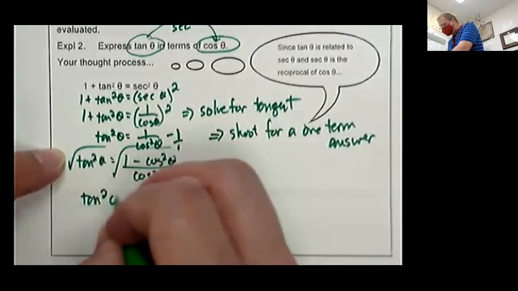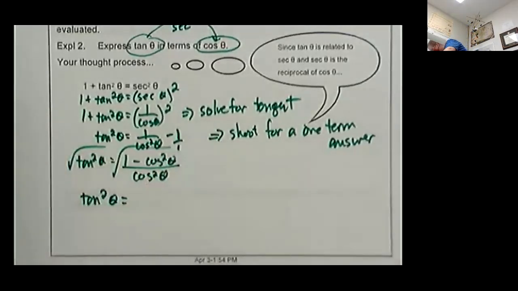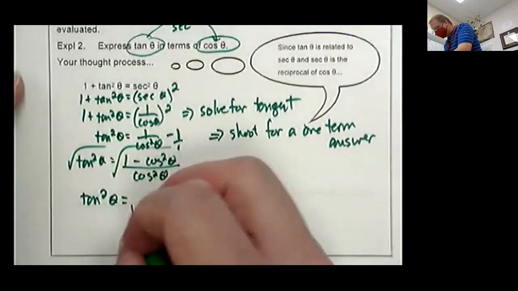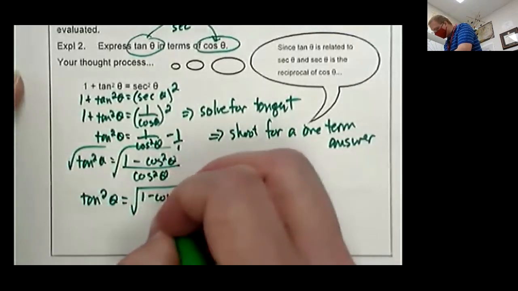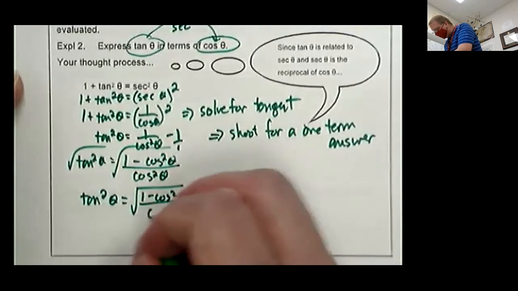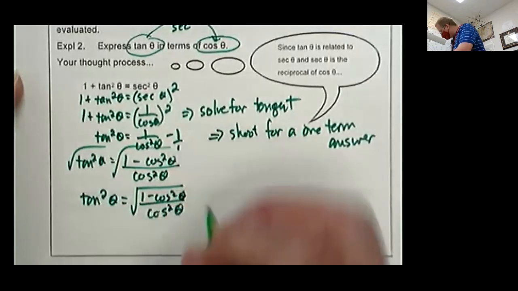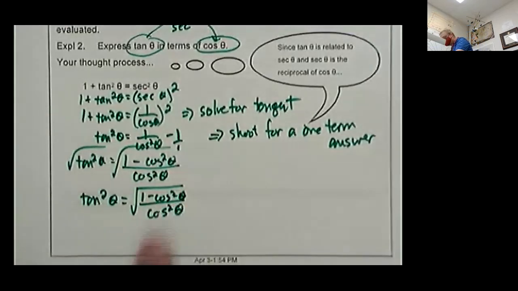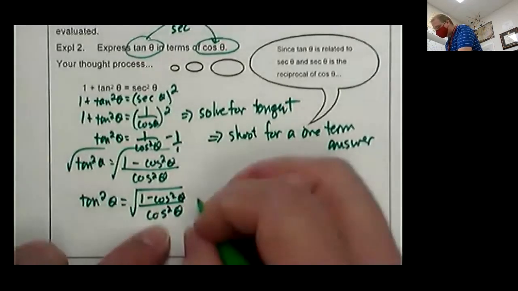Therefore, tangent of theta is equal to plus or minus the square root of 1 minus cosine squared theta over cosine squared theta. But note, because this is squared, we can just square root the denominator.